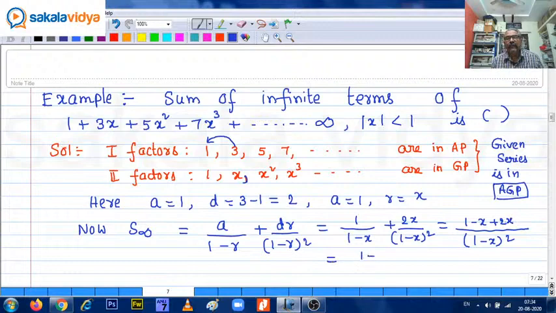Sorry, this will be plus, I did mistake. We have 1 plus x upon 1 minus x into 1 minus x.